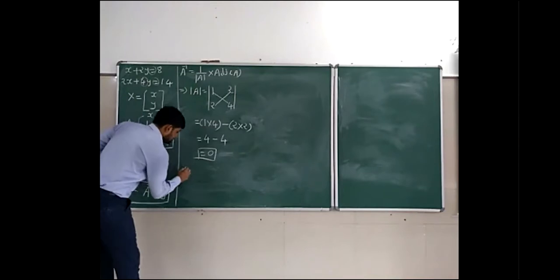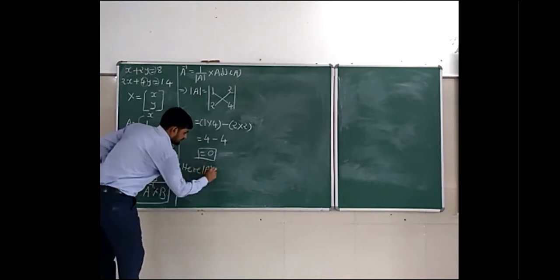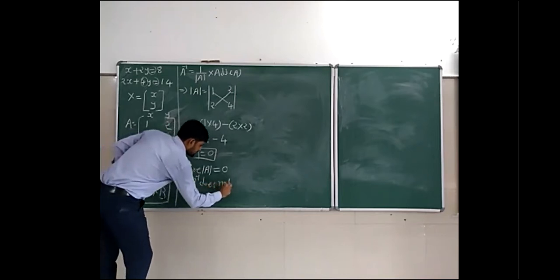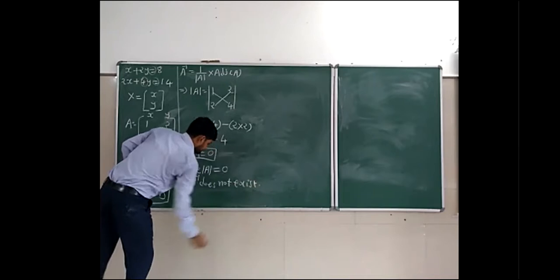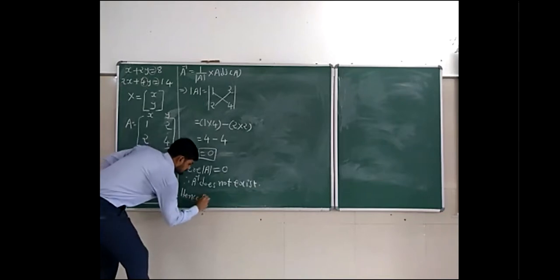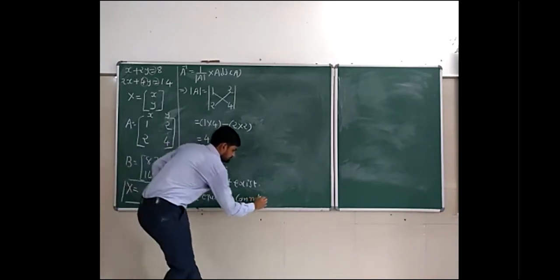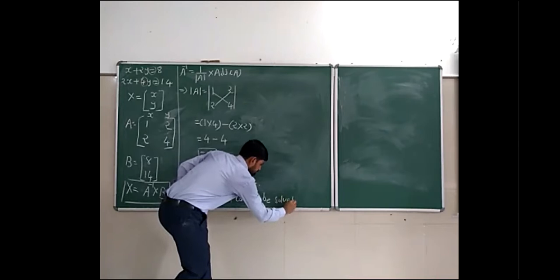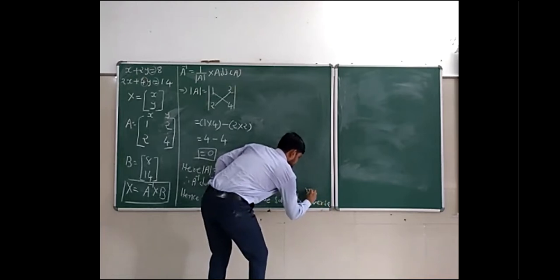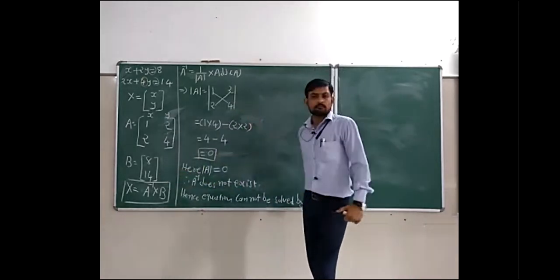So here we'll write that the determinant of A is zero, therefore A inverse does not exist and the equation cannot be solved by the inverse matrix.